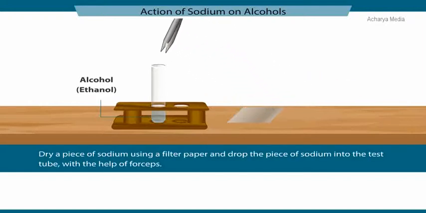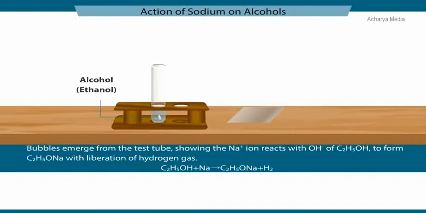Dry a piece of sodium using a filter paper. Then put the dry piece of sodium into the test tube with the help of forceps. Drag the forceps towards the test tube to drop the sodium into the test tube. You can observe that bubbles emerge from the test tube.